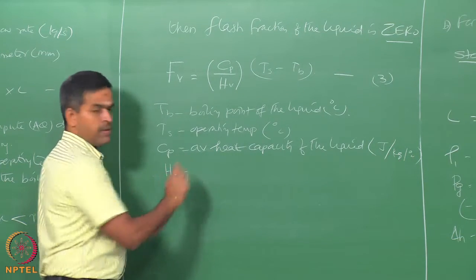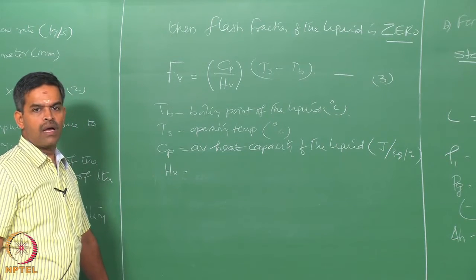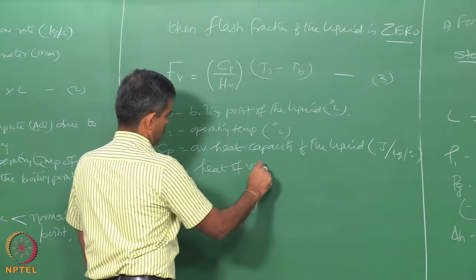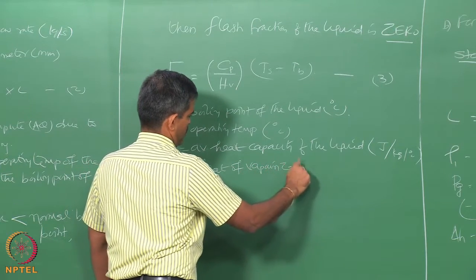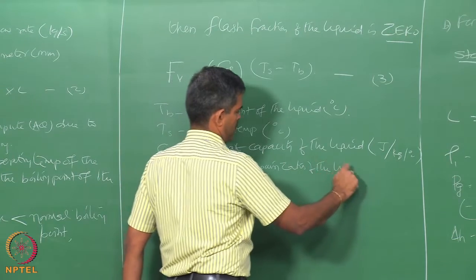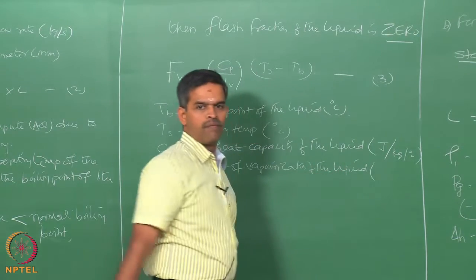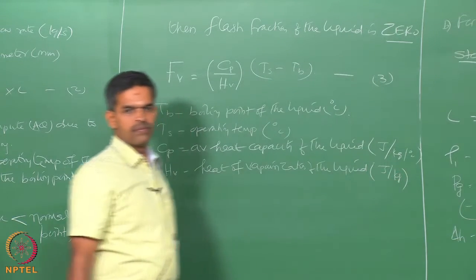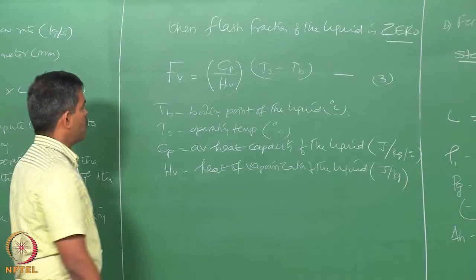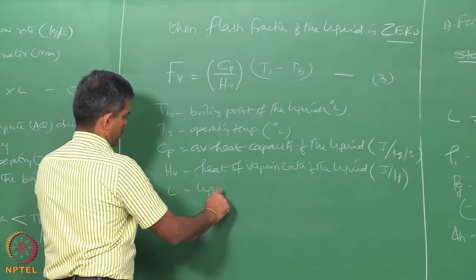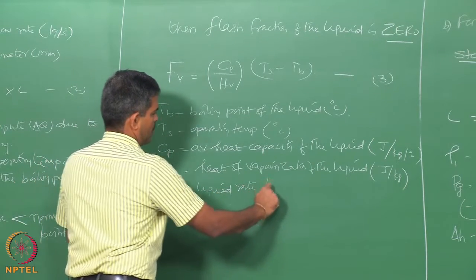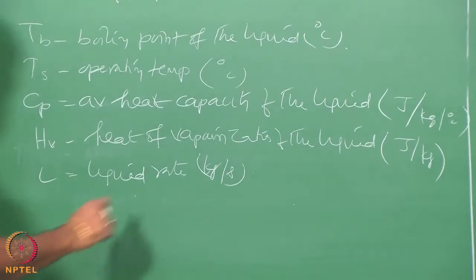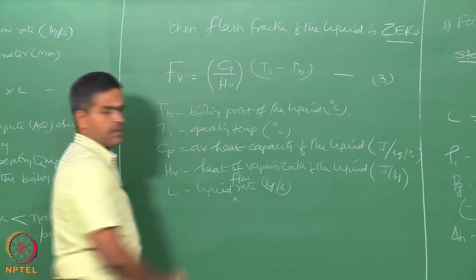Hv is called heat of vaporization of the liquid, which is given in joules per kg. L of course is the liquid rate in kg per second, liquid flow rate in kg per second.